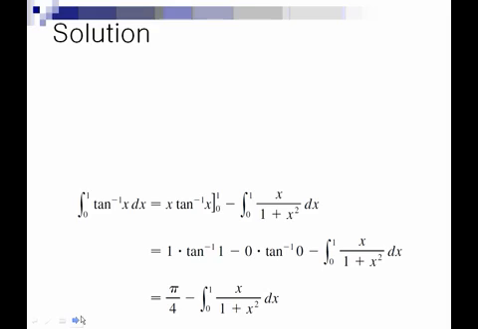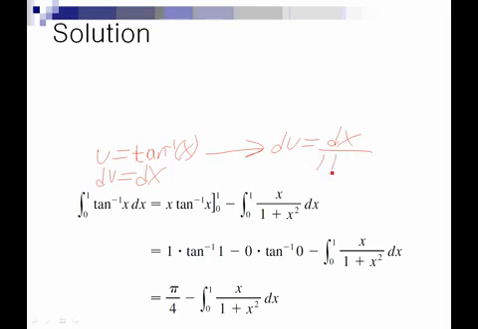Well, in this case, they simply had u be the inverse tangent of x, and our dv be our dx, with the corresponding du being dx over 1 plus x squared, and v being in simplest form x.